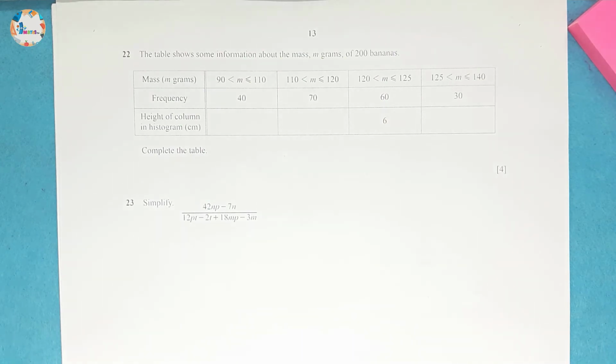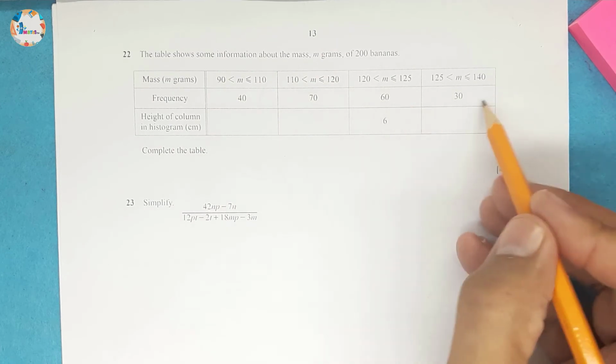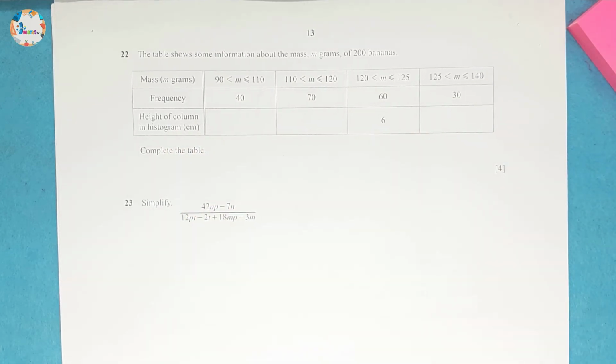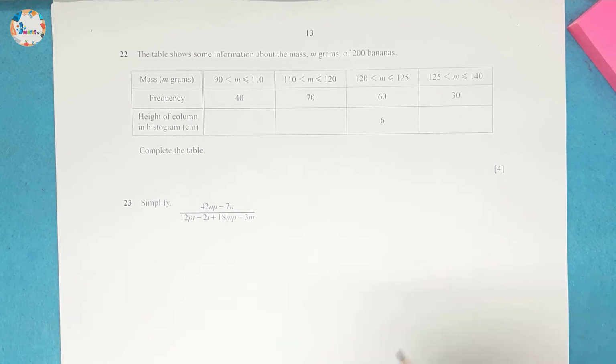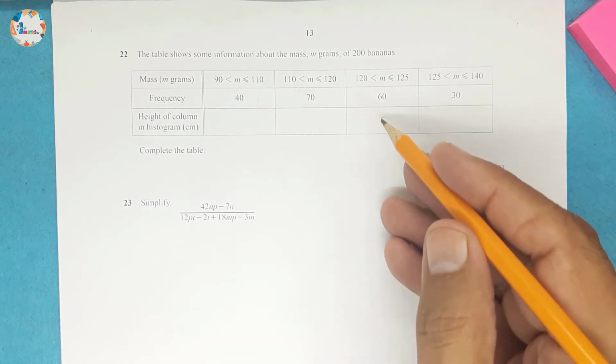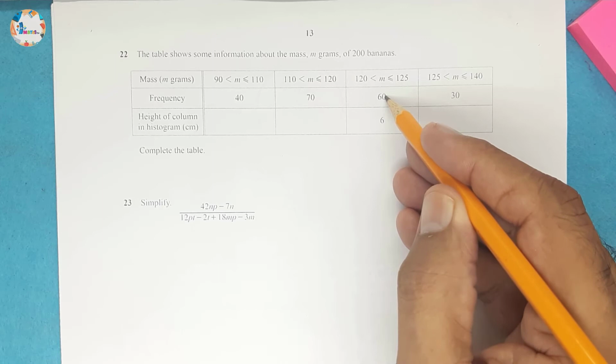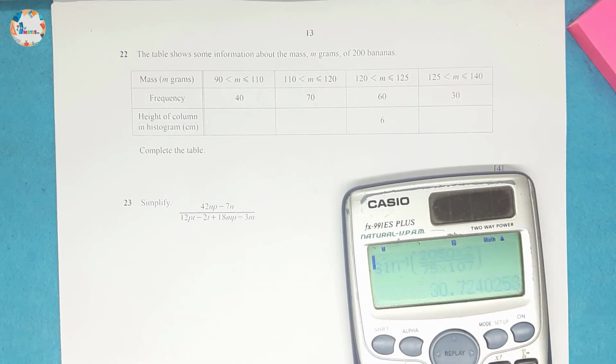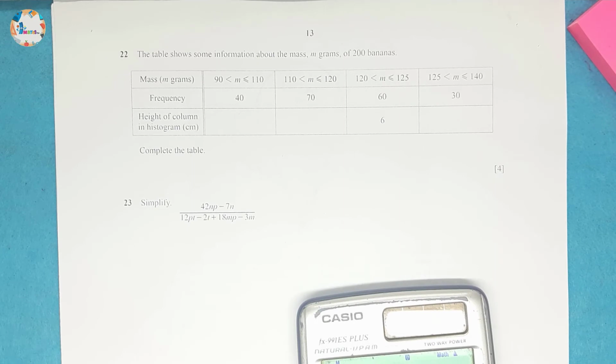Question number 22. The ranges are provided, the frequency is also given, and we need the height of the column in the histogram. So basically frequency divided by the class width, this is how we are finding it. So 60 divided by the class width, which is 5, so 60 divided by 5.